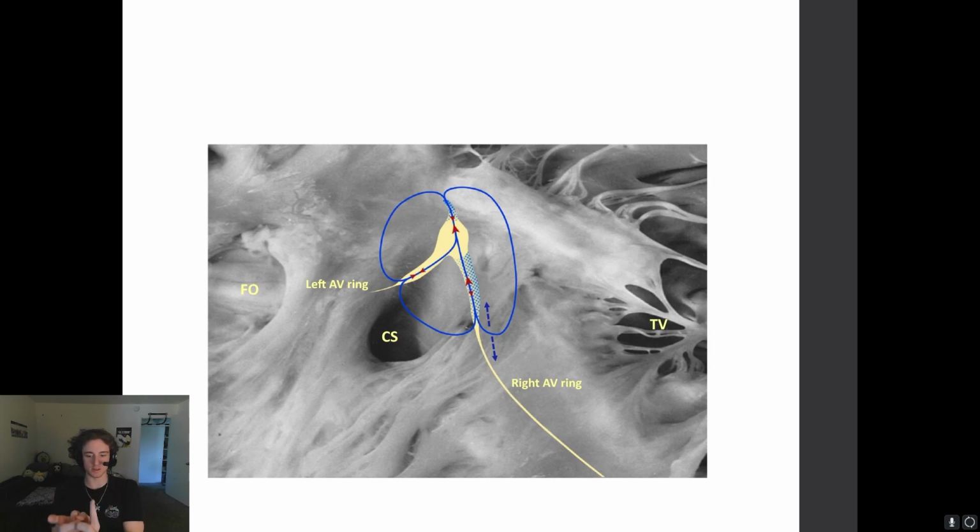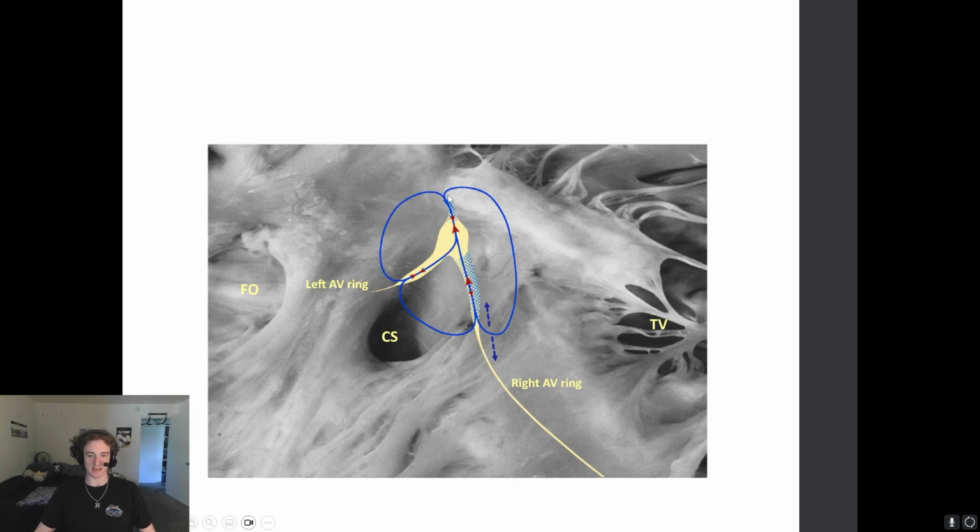Okay, and this paper is suggesting that the longer HA interval is due to larger atrioventricular ring tissues, which would propagate that signal through slow tissues, which would make that interval larger compared to if it stops right here and stops right here.